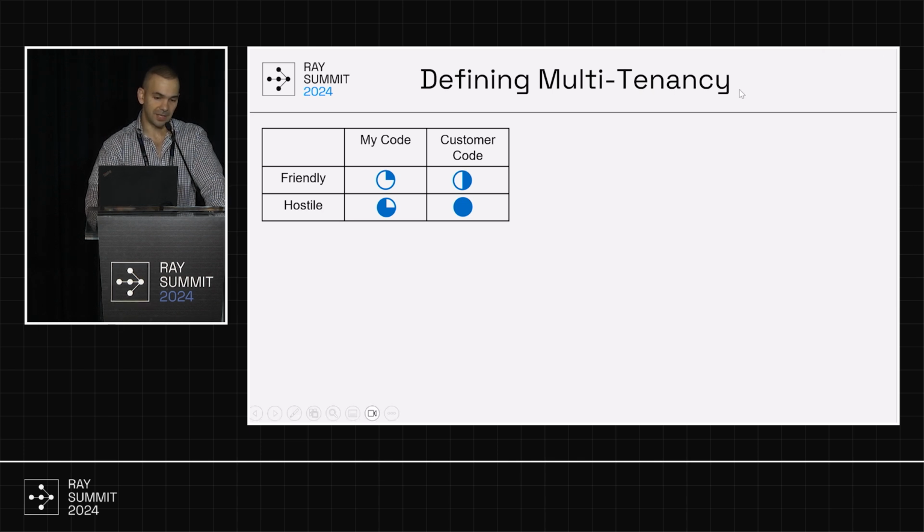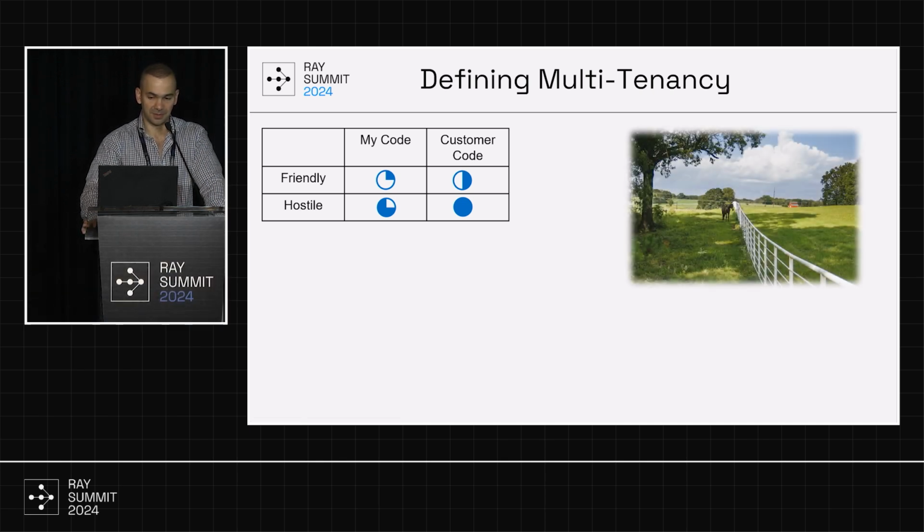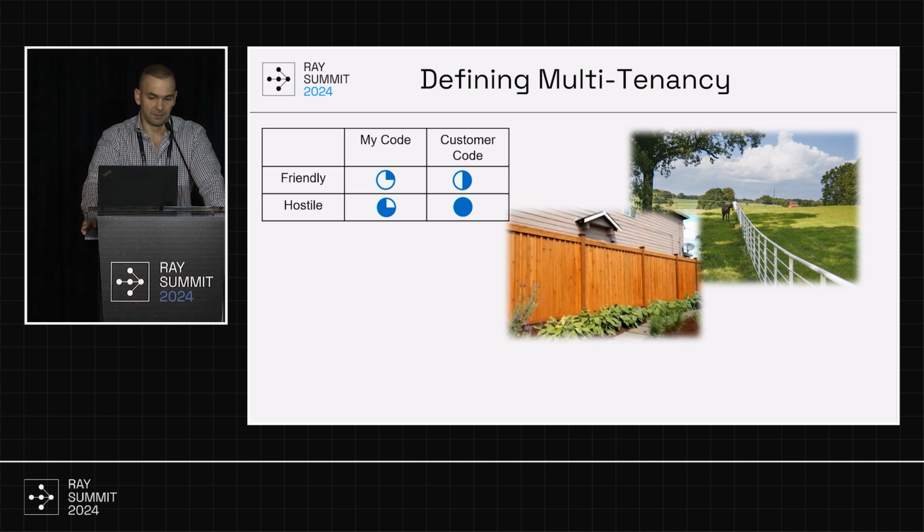Obviously, if it's friendly and you're serving your code, it's much simpler than if it's hostile and you're serving customer code. At the lowest level, with friendly multi-tenancy, you can get away with just defining certain boundaries. The boundaries are clear, but the isolation is not that strong. You can even have stronger boundaries and it's still considered friendly multi-tenancy.